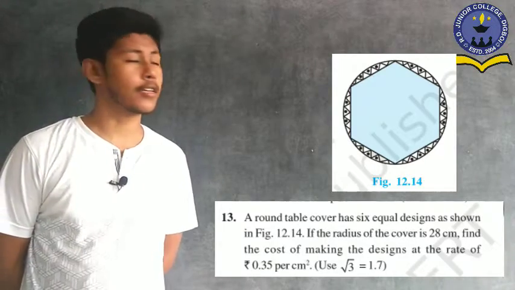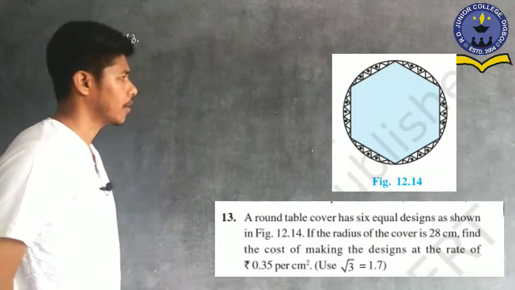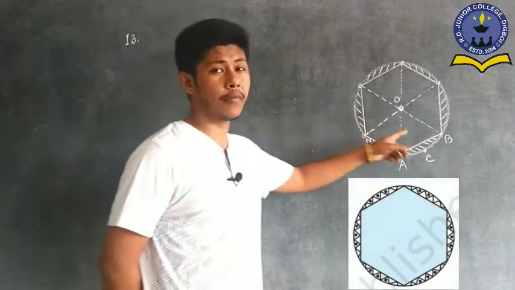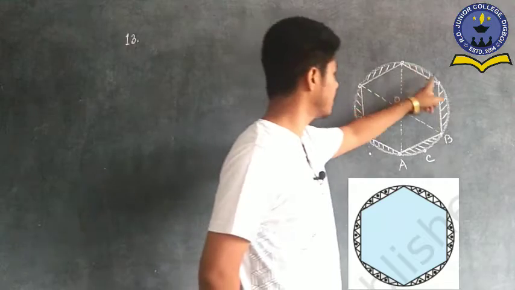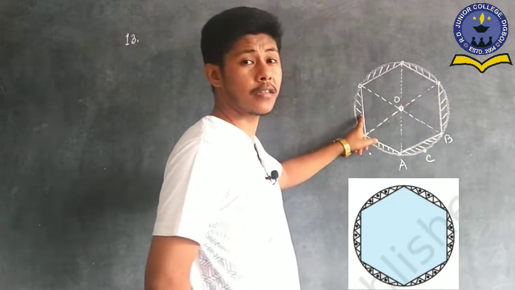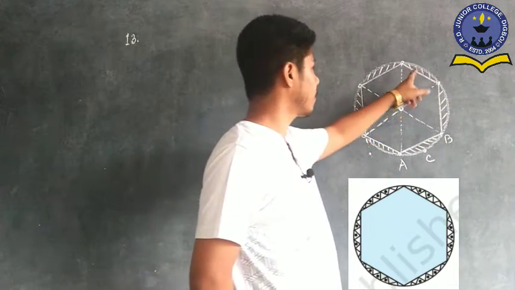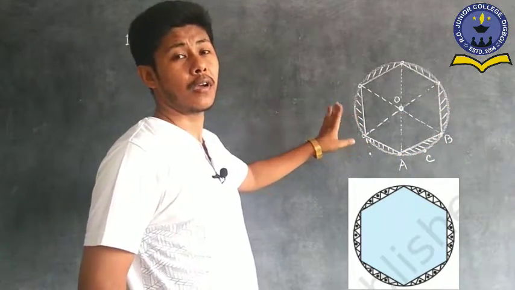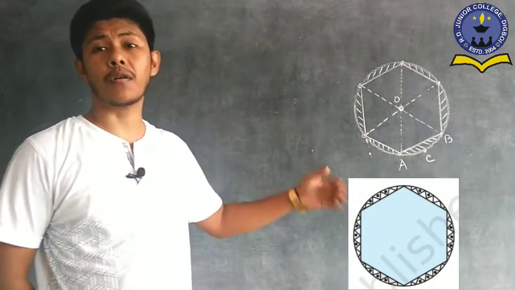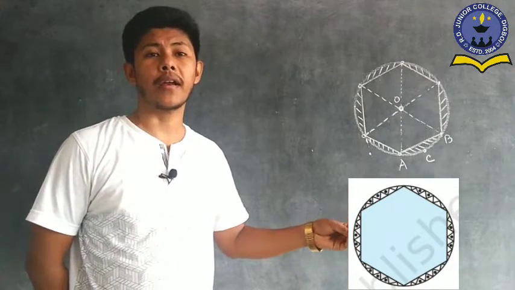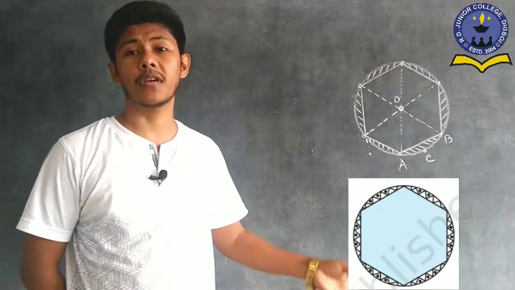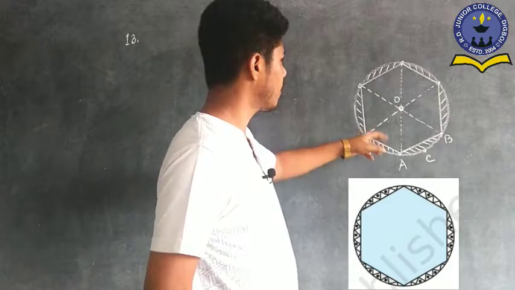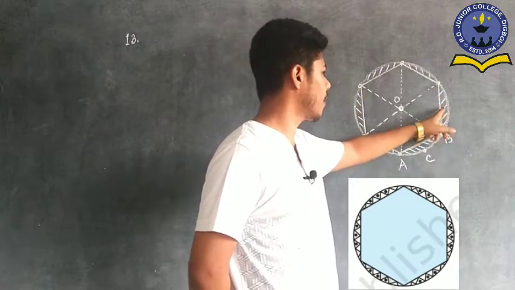Now in this case, what you have to find out, if you see the diagram mentioned here, if we modify the diagram in this way, these are the designs here. Is it clear? Now we have to find out the area of these designs first of all, and the question asks for the cost, is it not? And per centimeter square equals how much is mentioned? 0.35. So first of all we have to find out the area of these 6 designs.